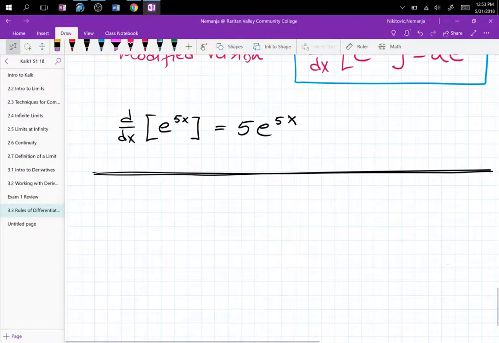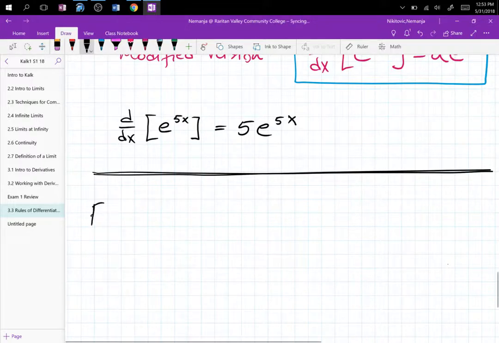Now, one type of problem that will be present in every section of Chapter 3, and on all of the exams from now on, which means exam 2, 3, and the final, is the problem which says, find the equation of the tangent line.